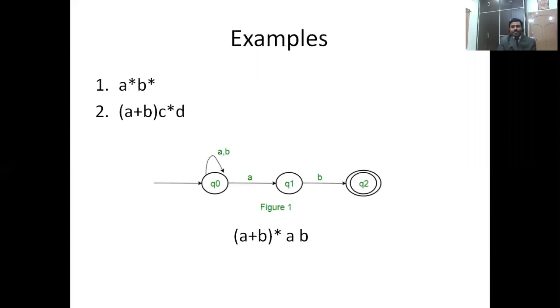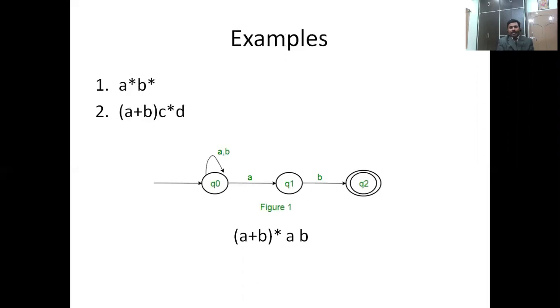When we represent regular expressions, we use many symbols called star, plus, and others. A star is the set of all the strings that can be derived from input A starting with length 0. Epsilon is a string with length 0.